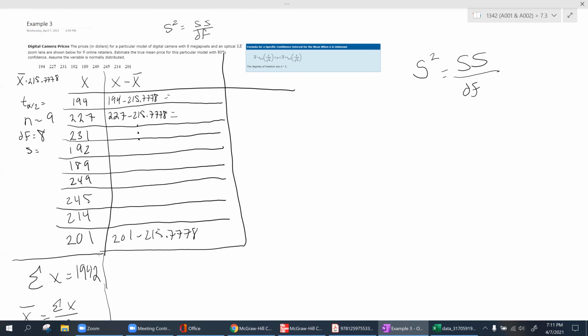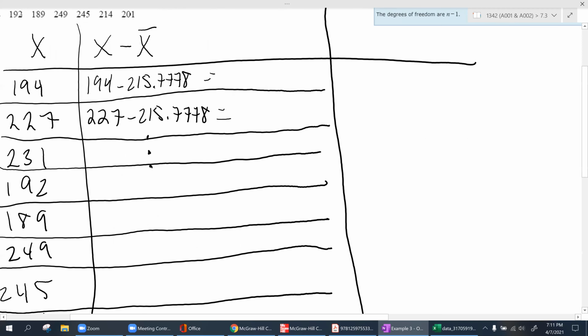Filling all these in, I get here negative 21.7778, 11.2222. Let's see what else I can get here.